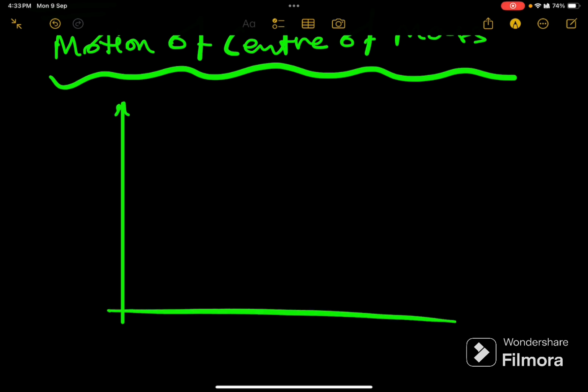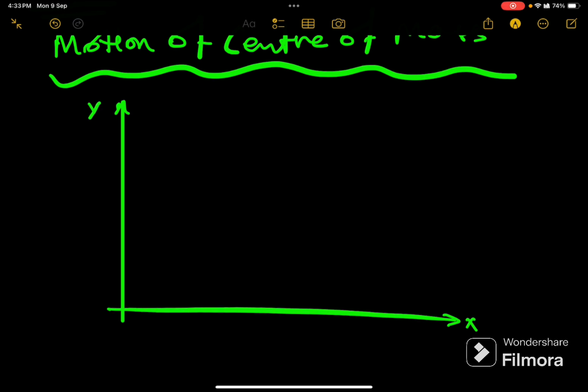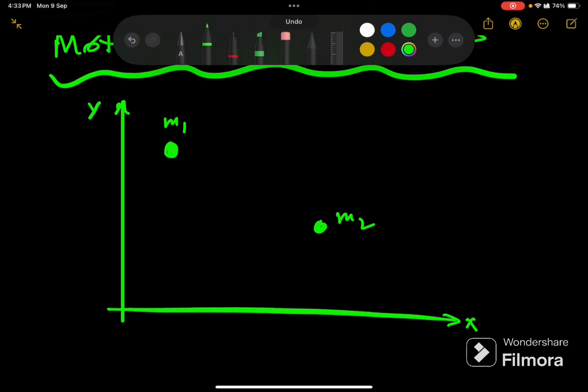There can be more, but on the basics, let us take m1 and m2. So here's m1, and here's m2. This is the r1 vector of m1, and this is r2 vector of m2.